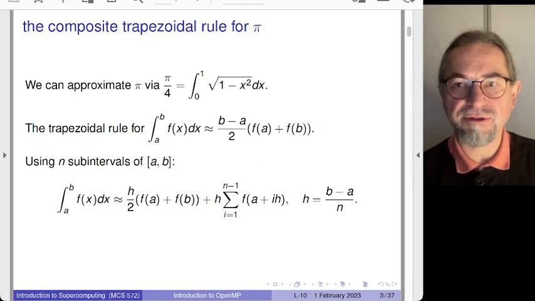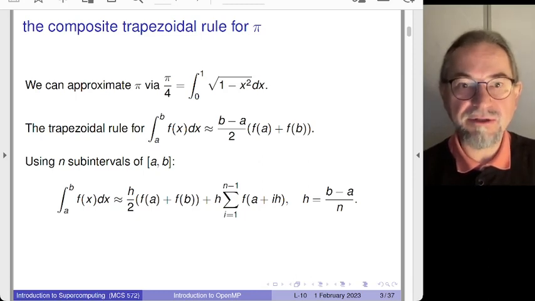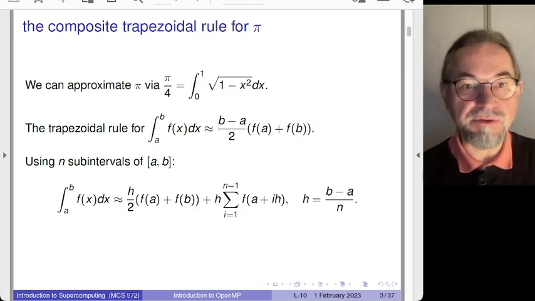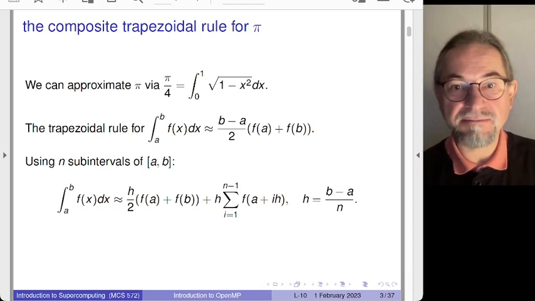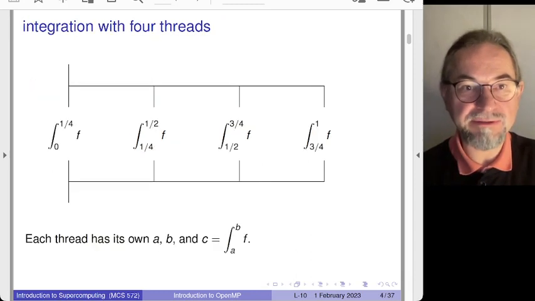This is not very accurate, but you can make it quite accurate by subdividing the interval. With n plus 1 function evaluations, you get a much more accurate approximation. It is a simple rule, and everything is defined mathematically on this slide.